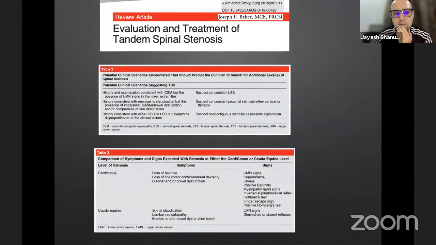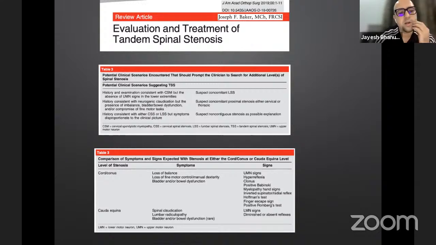This study was done as a review article of many studies done in the past, and here he gave us a guideline on potential scenarios encountered clinically. First, if history and examination findings point you towards CSM, but there is no presence of upper motor neuron signs in the lower limbs, like the hyperreflexia I mentioned, then we can suspect a concomitant lumbar canal stenosis.